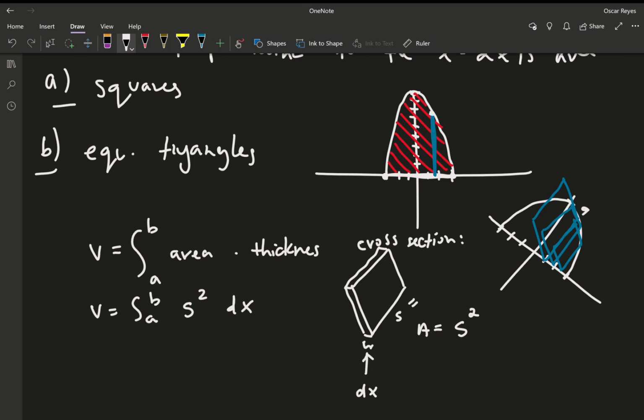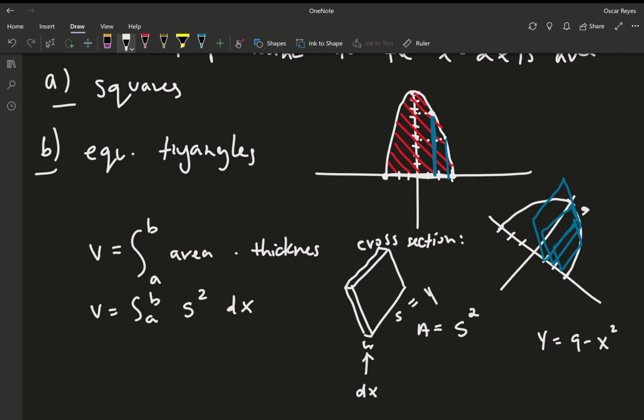Here, this is going to be a y value. If we were to draw another one here, it's going to be equal to the y value here. So we know that s is equal to y.